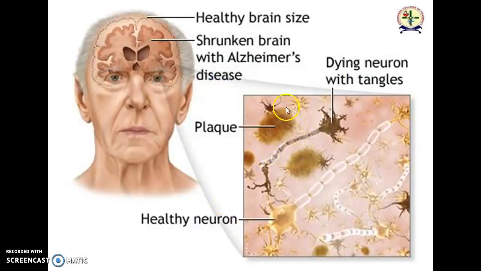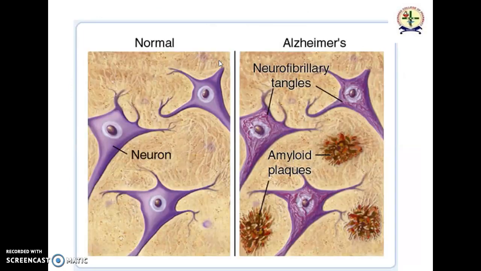These amyloid plaques cause neurodegeneration. Here you can see how a healthy neuron looks and how this healthy neuron converts into tangles or plaques, which ultimately leads to the shrinking brain, which ultimately leads to Alzheimer's disease.